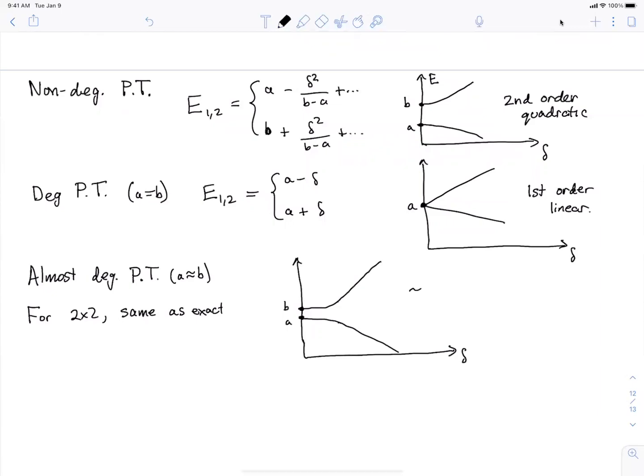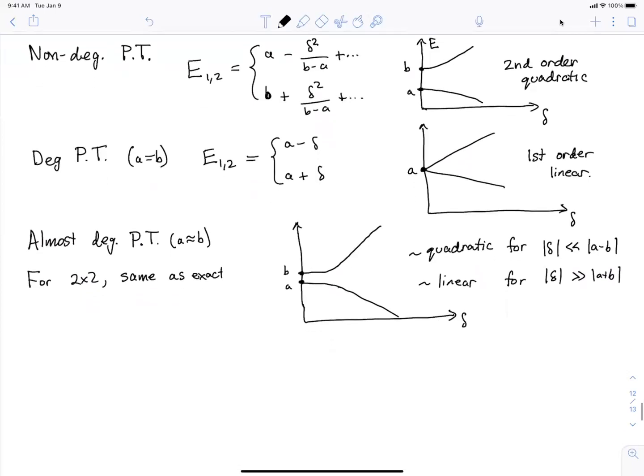Okay, so it's quadratic for small delta, which really means magnitude of delta much, much less than A minus B. And it's more like linear for delta much, much greater than A plus B.